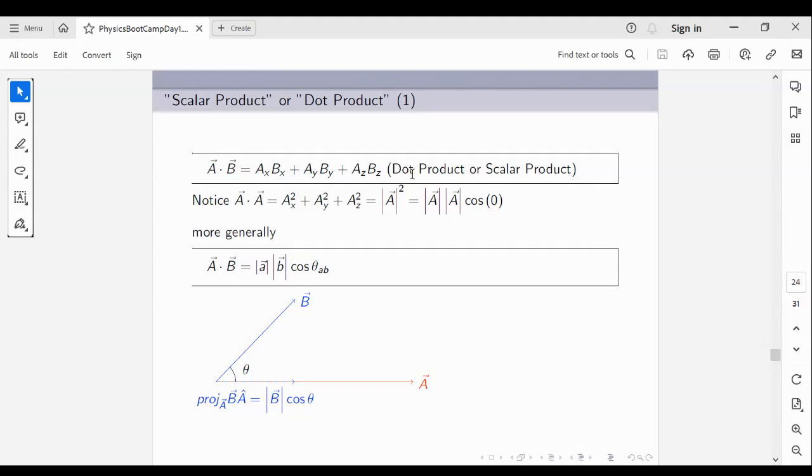I want you to take a note that if we replaced B with A and took the dot product of A with A, we would get its magnitude squared. And the reason I put that cosine 0 there is because it's equal to 1. But down below, we see that this formula generalizes.